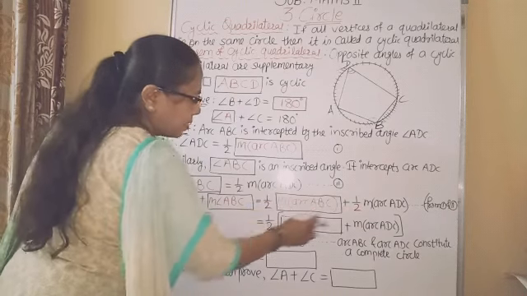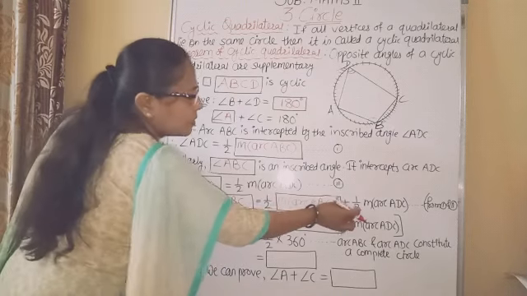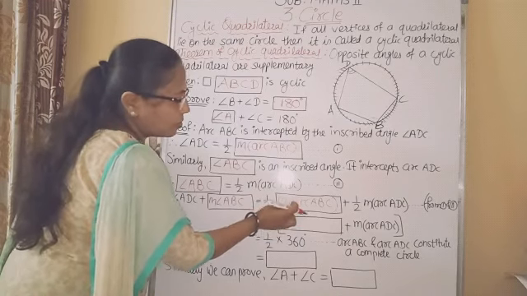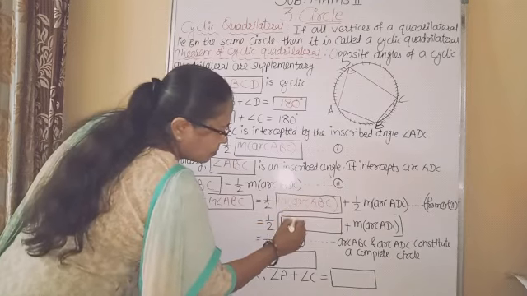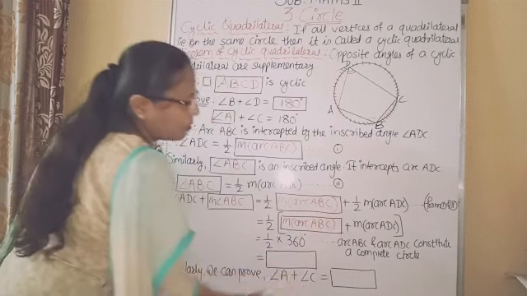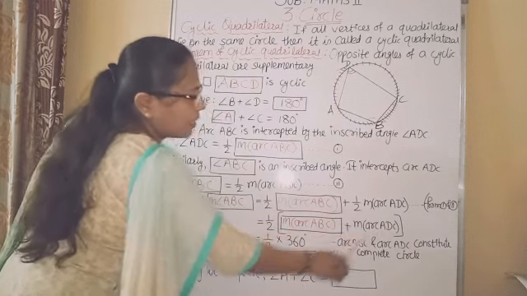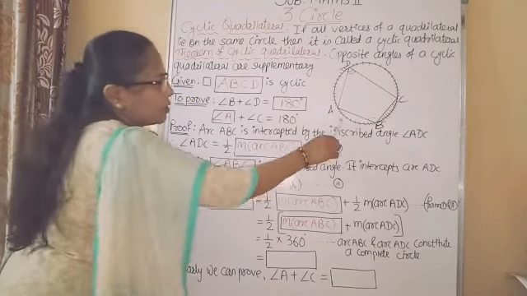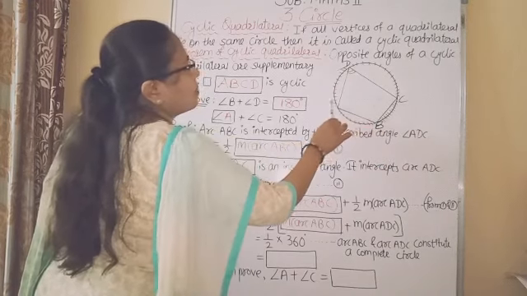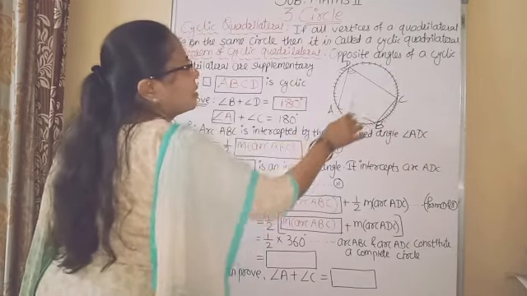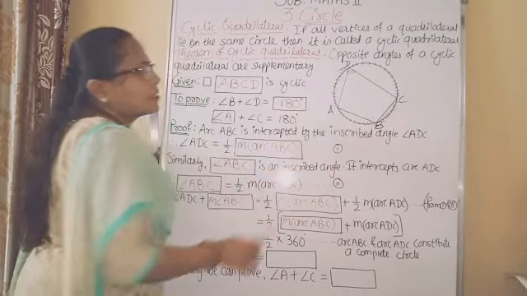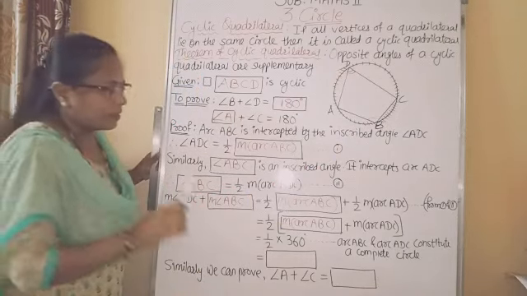Now here half is taken common. So what to write? Half of measure of arc ABC plus measure of arc ADC. Now observe the figure. If you add these two arcs, they make one complete circle.